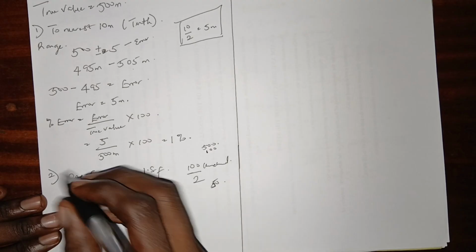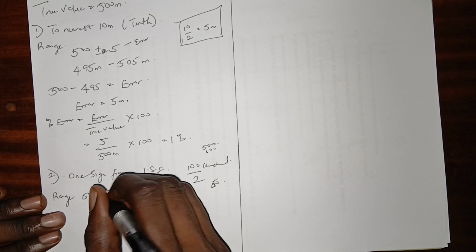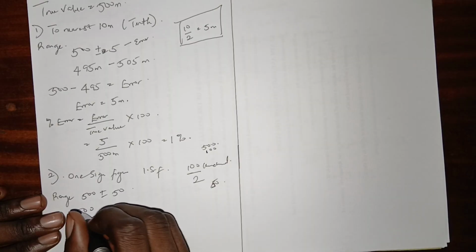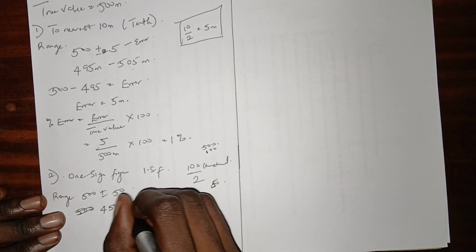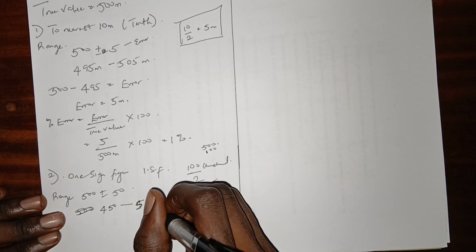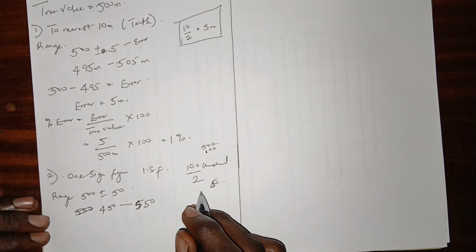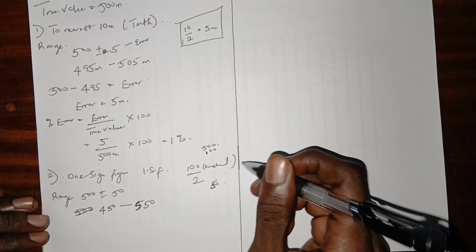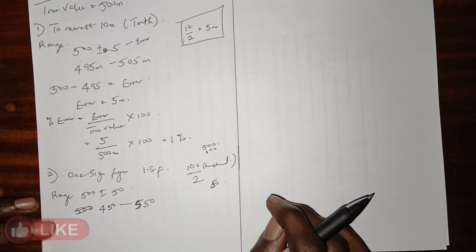So now the range will be 500 plus or minus 50, that will be 450 to 550. Because in this range, if you approximate to the nearest one significant figure or 100, you will get your 500 back. So that's the idea.